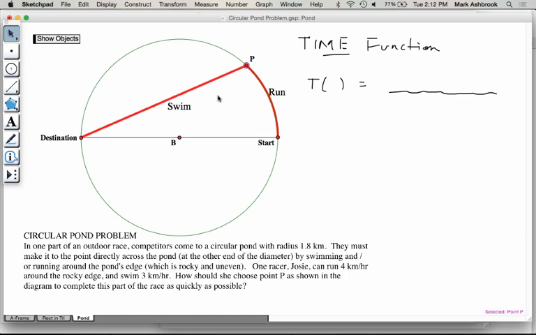Any suggestions for the quantity which will be the independent variable? The independent variable that will determine time. Okay, how far you run. Good, and so that should ring some bells. How far you run is really what?